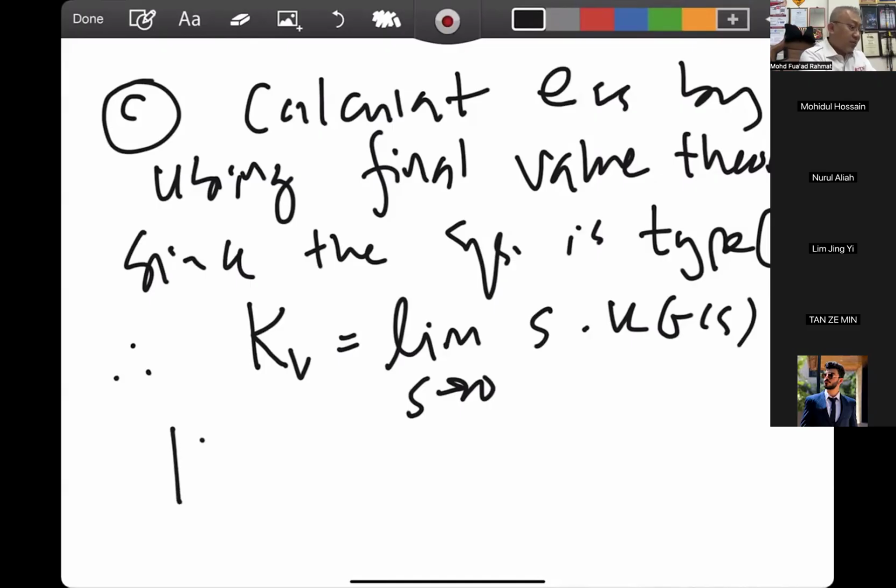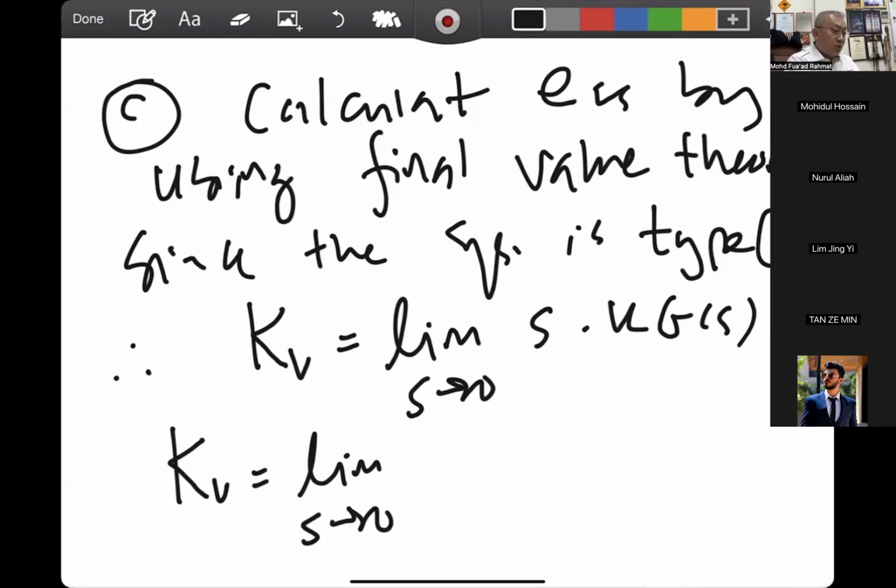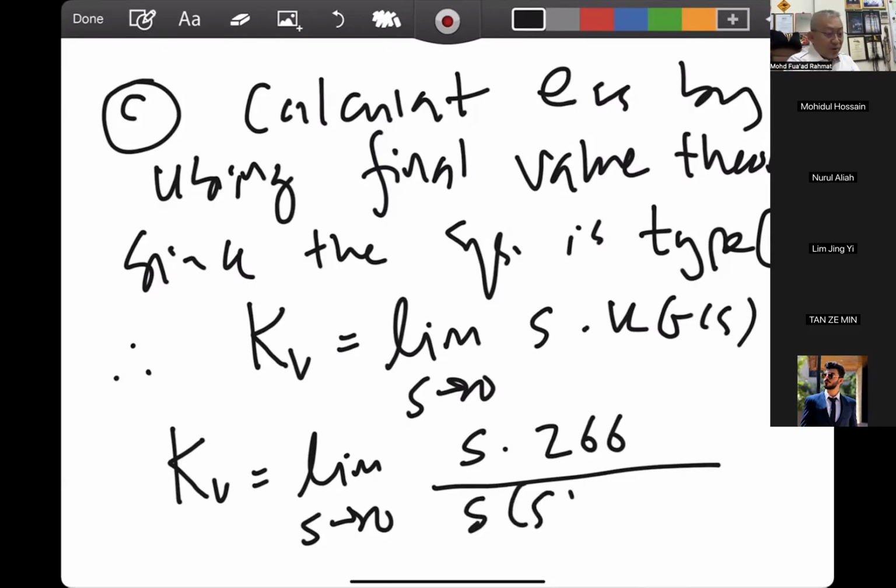So Kv is the limit s to 0 of s times 266 over (s plus 8)(s plus 12).